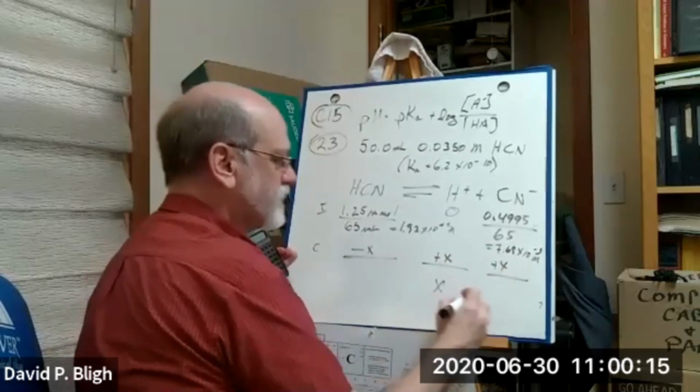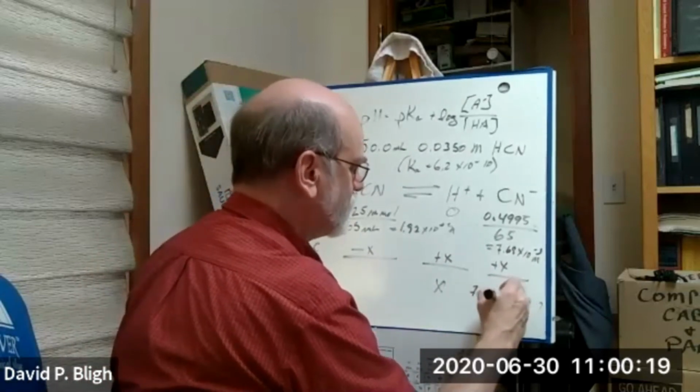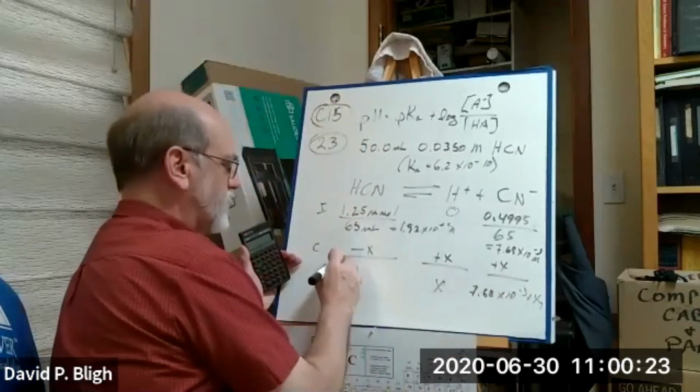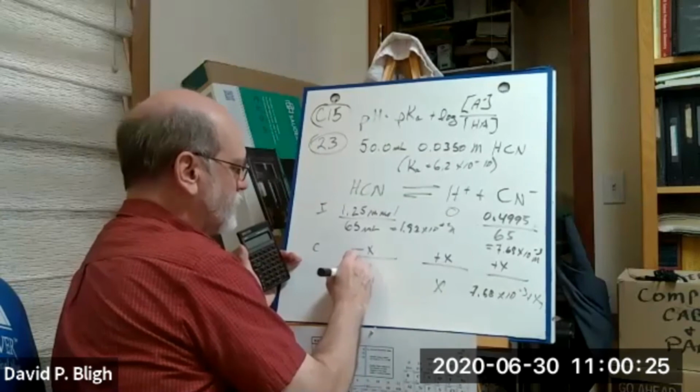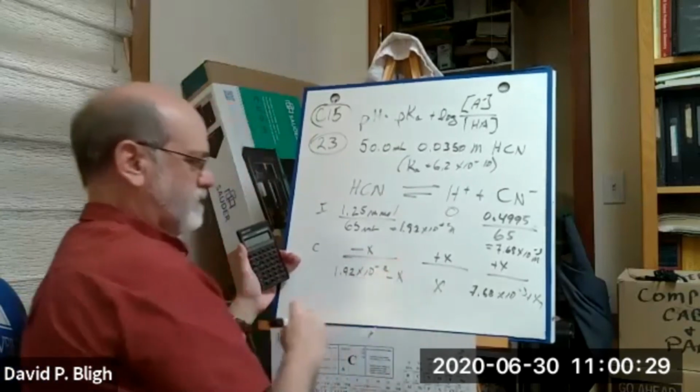This is going to be X. This is going to be 7.68 times 10 to the minus 3 plus X. And this is going to be 1.92 times 10 to the minus 2 minus X.